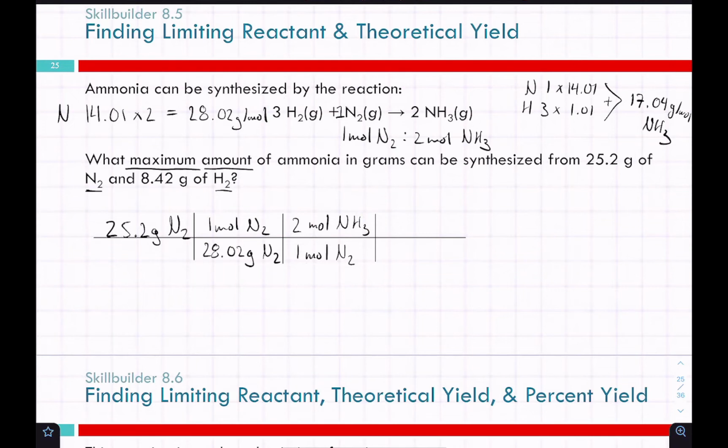But we take care of those coefficients and the fact that there's 2 moles of NH3 in the reaction with this part of our calculation. So because we put the 2 moles of NH3 here, we don't need to think about that when we're going from moles of NH3 to grams of NH3. It's only if we're calculating the molar mass that we look at the subscripts for how many of each.